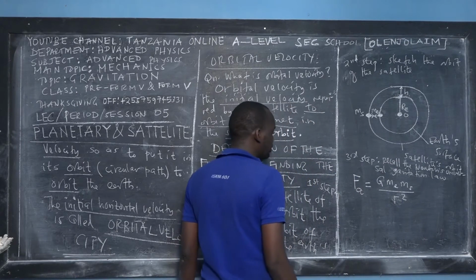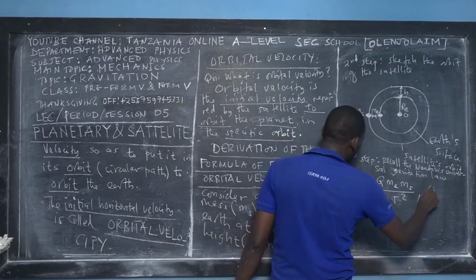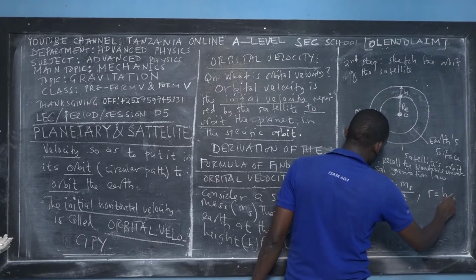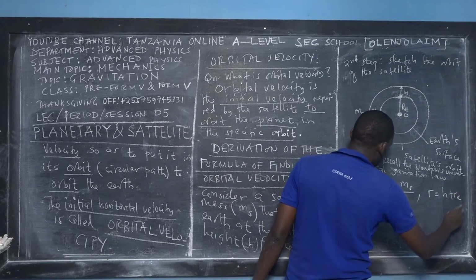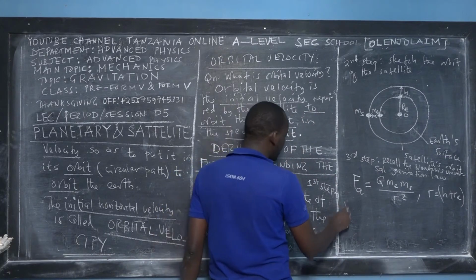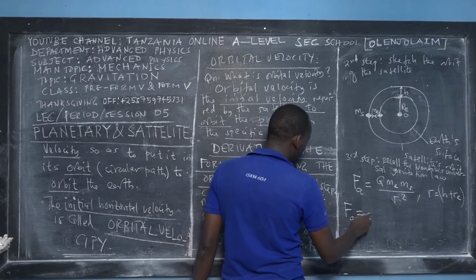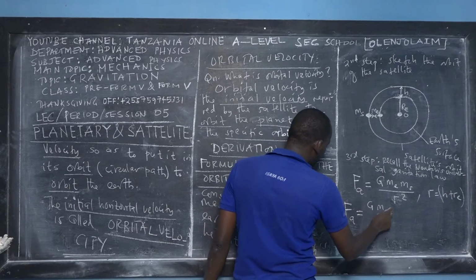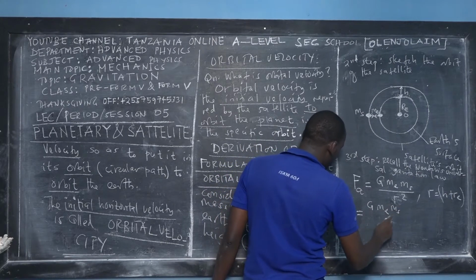Right now, in this case, this radius is equal to H plus the radius of the Earth. You agree? So the force of attraction for this case is equal to the gravitational constant times the mass of the Earth times the mass of the satellite, over the square of the radius.